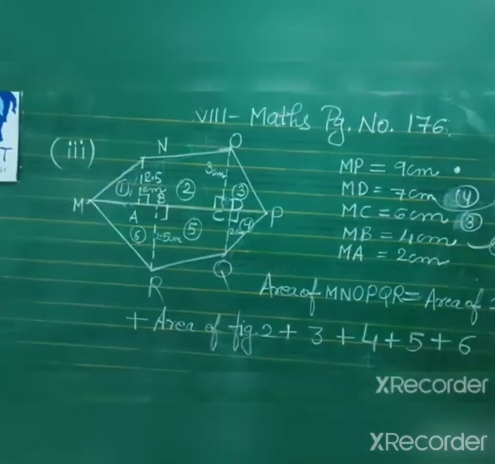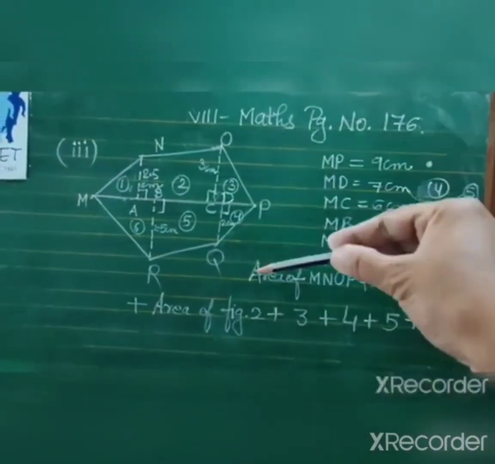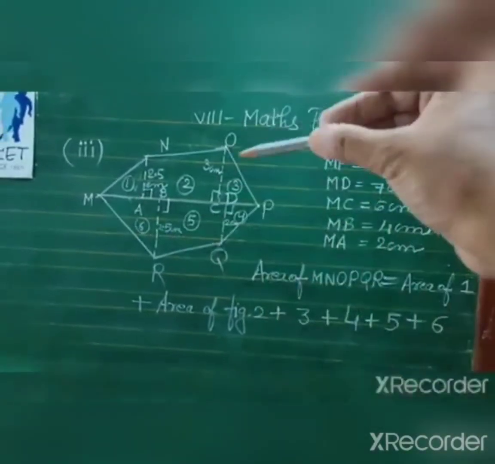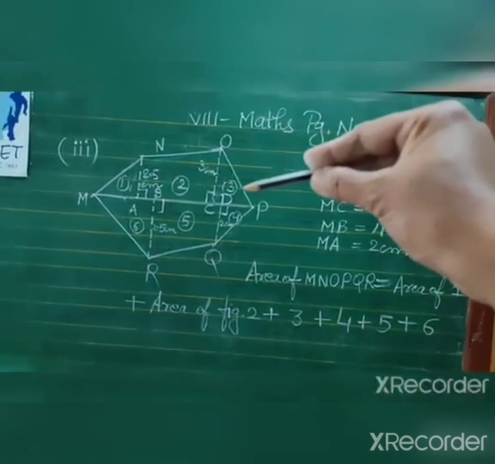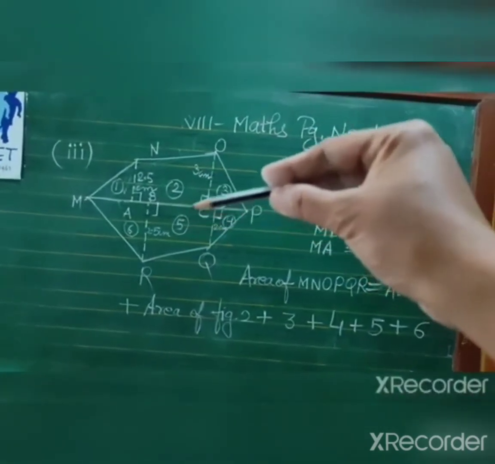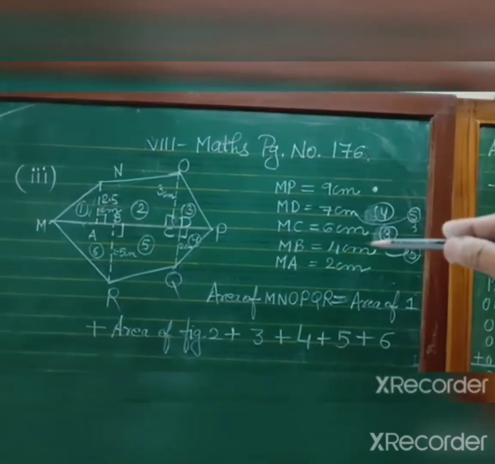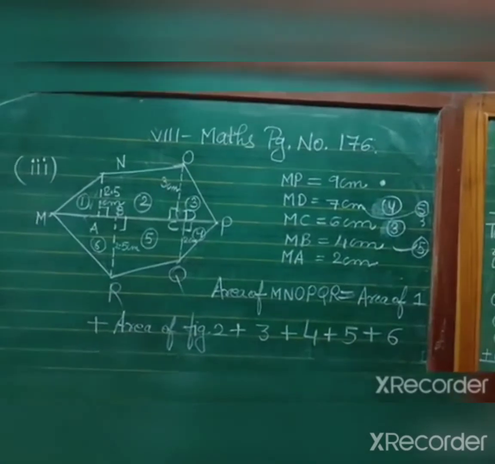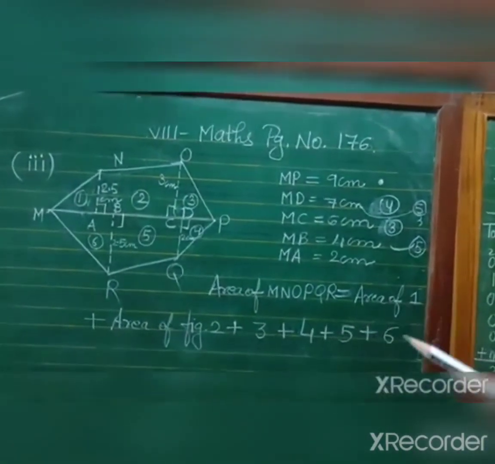Okay. Now in the next question, you can see the question has perpendiculars and different shapes. Right angle triangle, figure number 1, 2 trapezium, 3 right angle triangle, 4 right angle triangle, trapezium, 5th and 6th. Now see here, all the perpendicular heights are given. Now area of MNOPQR is equal to area of figure number 1.